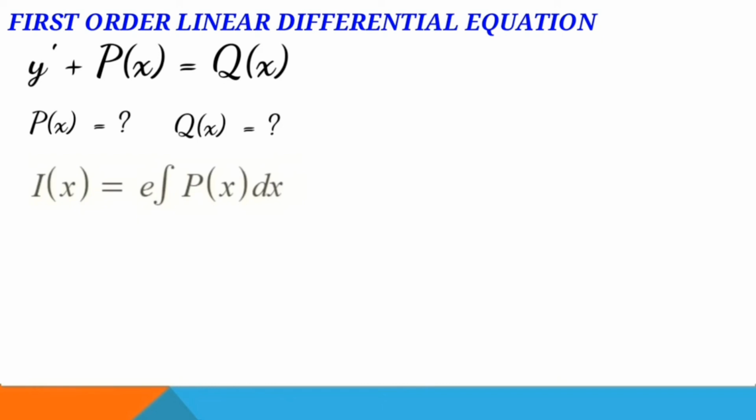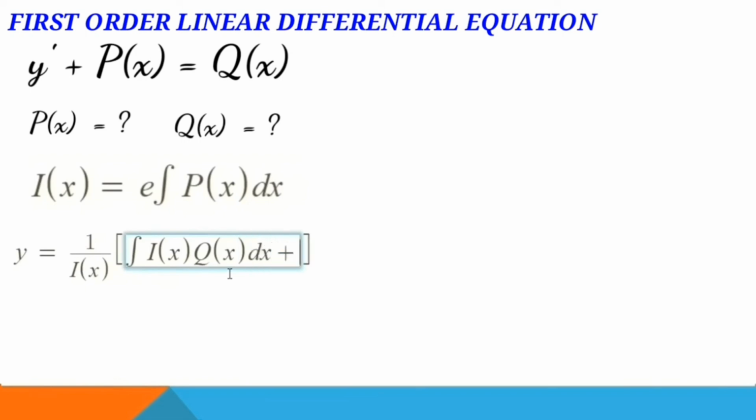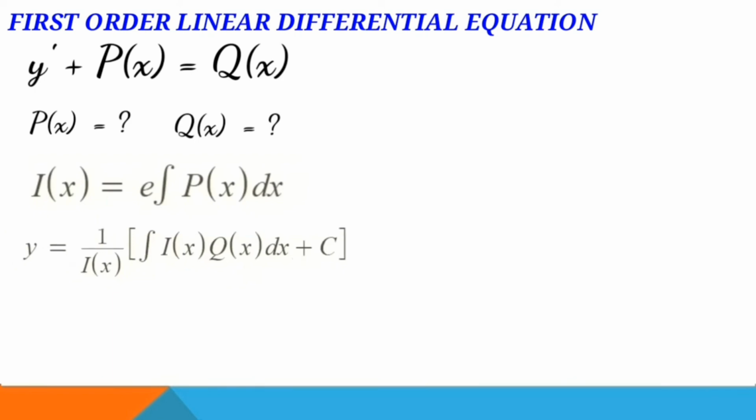So we can write it as y equals 1 divided by the integrating factor times the integral of I of x times q of x dx plus the constant of the equation. So we will be using this guide to solve the given example.